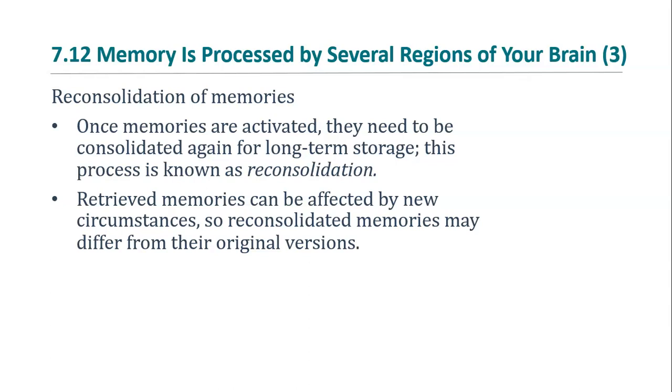Whenever we recall something, there may be slight details that are different, and during the recall, there may be events that occur that change the memory for us. And so when we restore it, what we've stored again is a changed memory, and that's what we recall the next time.